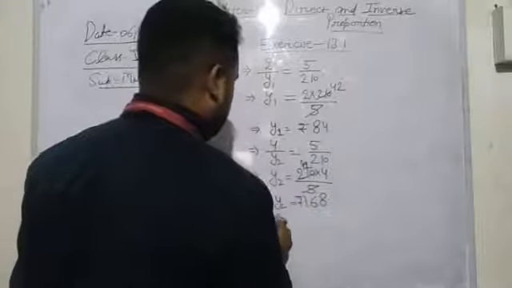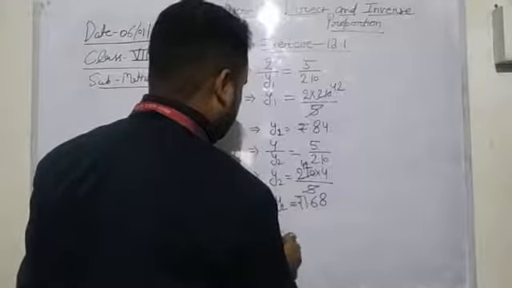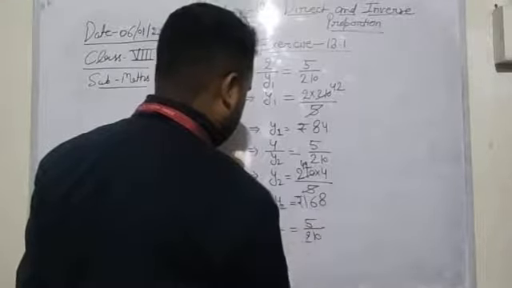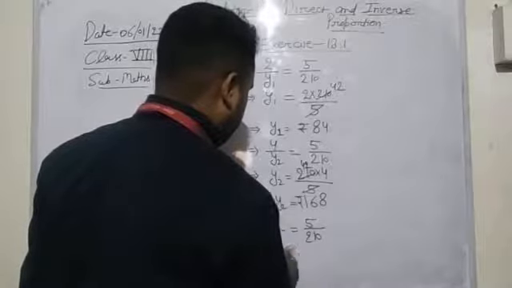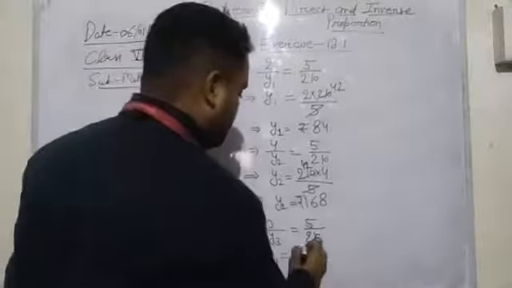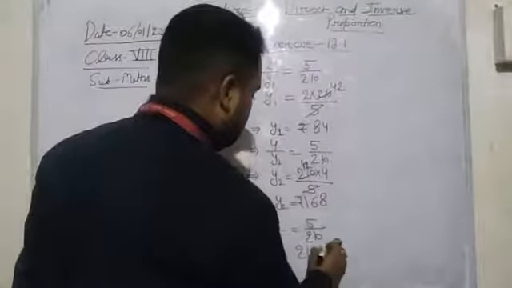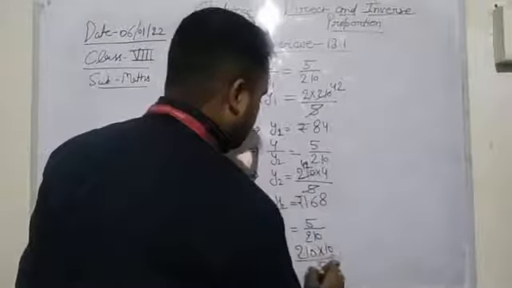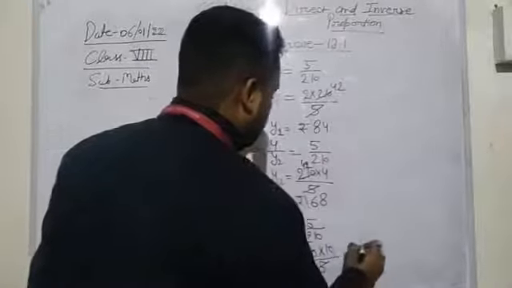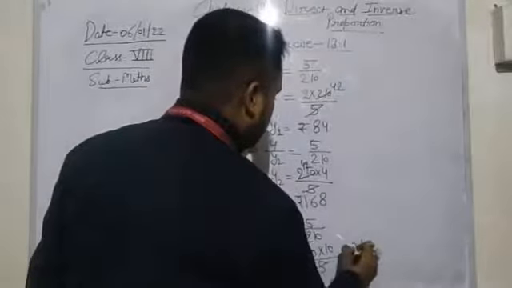And 10 upon y3 is equal to 5 upon 210. Then y3 will be 210 into 10 upon 5, that is 42 times 10, which is 420 rupees.